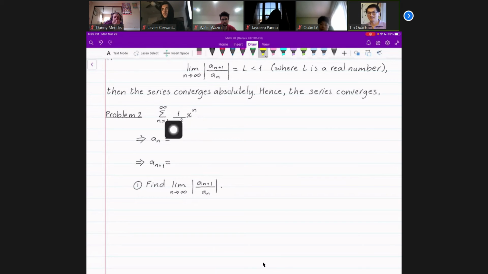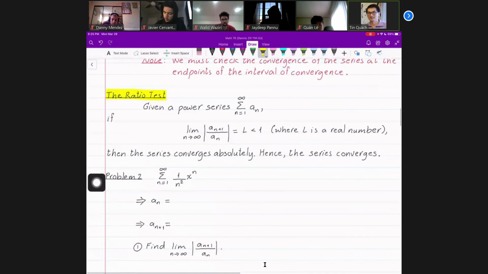So to find the interval of convergence and the radius of convergence, first, we want to use the ratio test to find out where this series converges. To do that, we need to identify the a sub n and the a sub n plus 1, and then take the ratio and put the absolute value around it. So you simplify everything here before you take the limit.